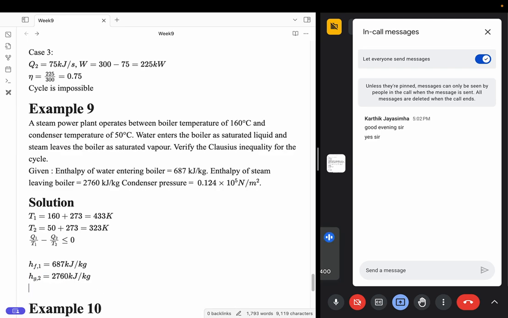So with these two values, what is the value of Q1? Difference between the enthalpies, that is 2760 minus 687 kJ per kg. So that is from the boiler side. So how do I calculate on the condenser side?